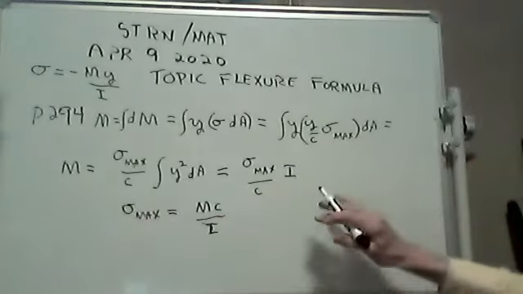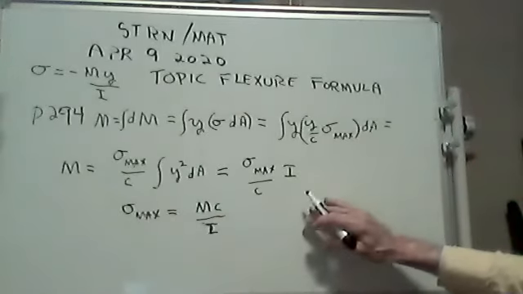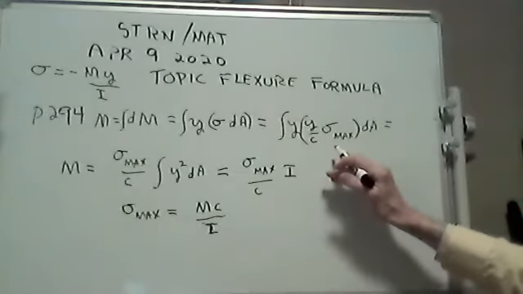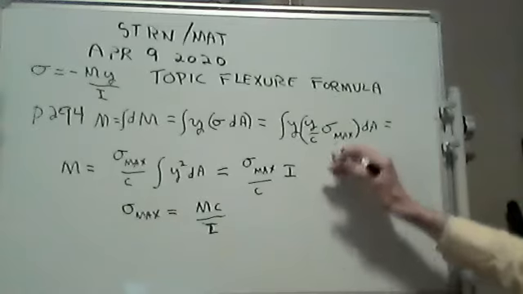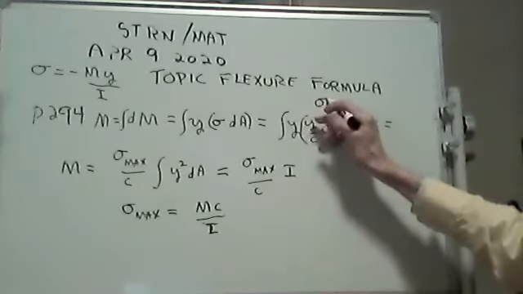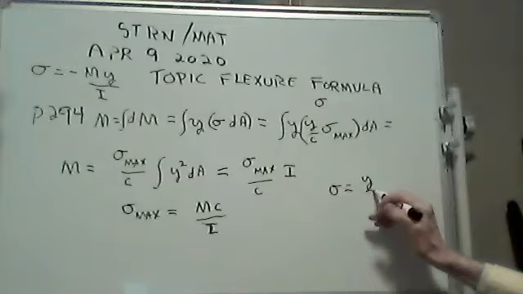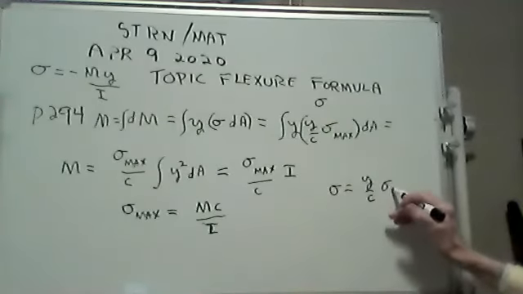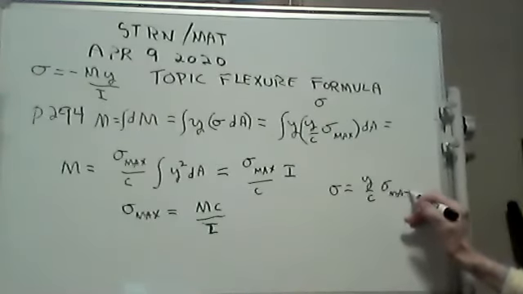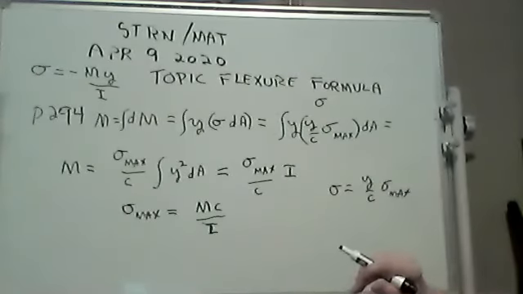Yeah. Now remember, we had this equation here. What that is, is your stress. Your stress is equal to y over c times sigma max. We talked about that a minute ago.